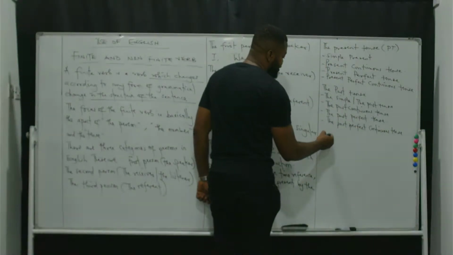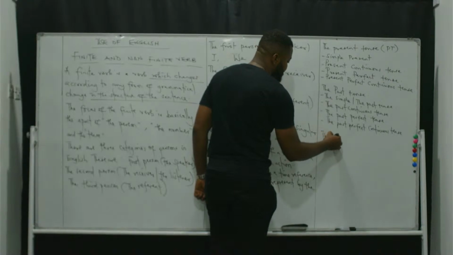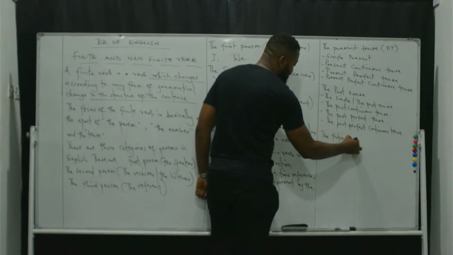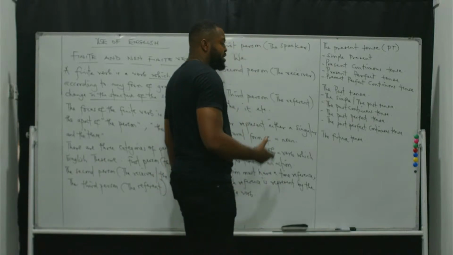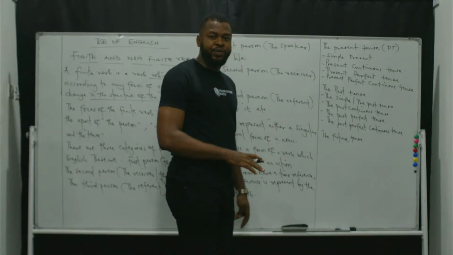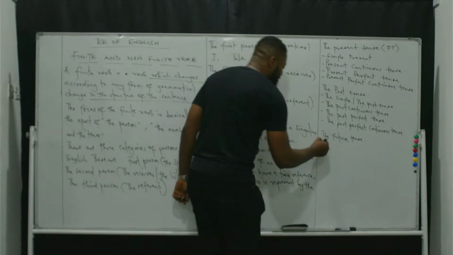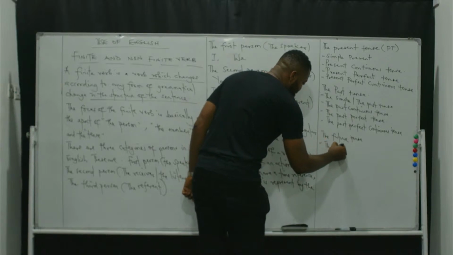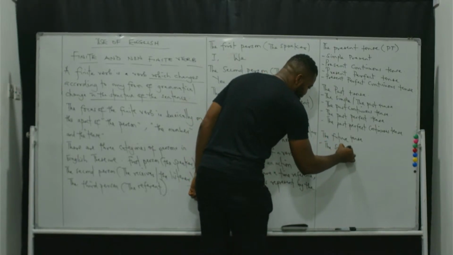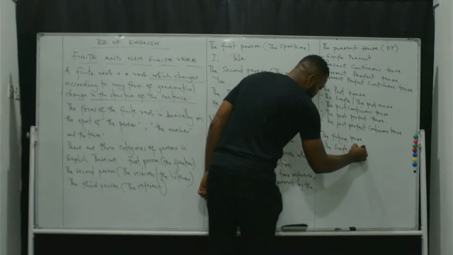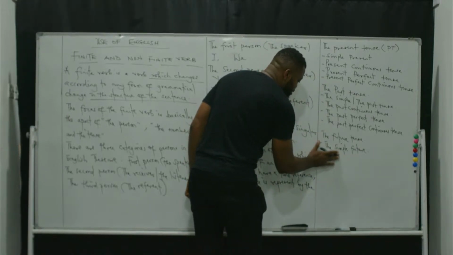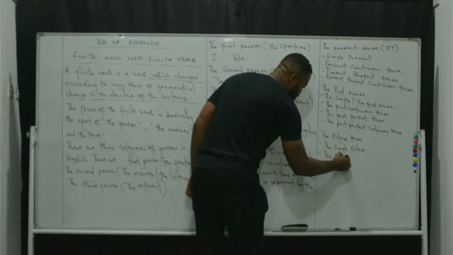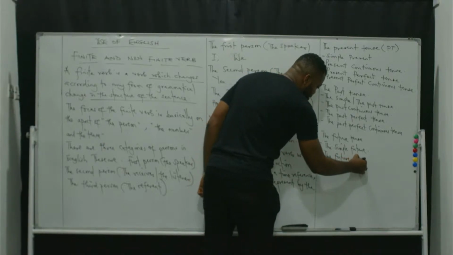Now, next one you have the future tense. All right. So there are also four categories under the future tense. So you have the simple future. Okay. Now you have the future continuous.